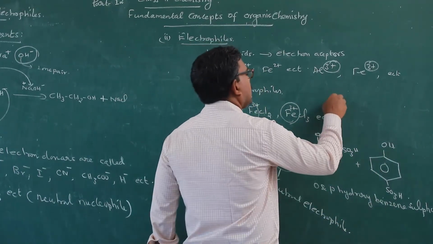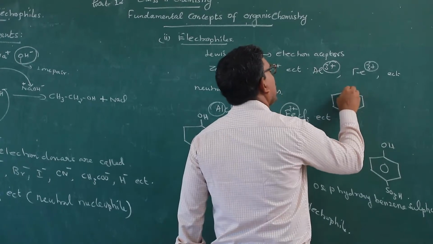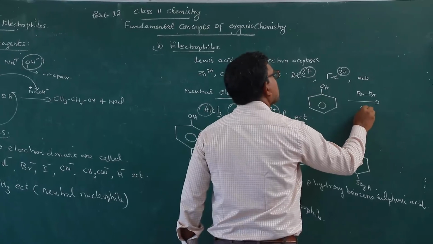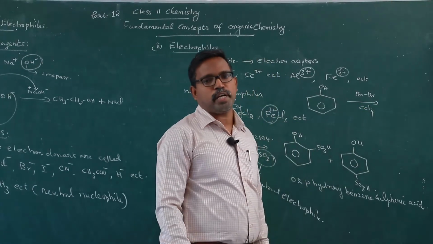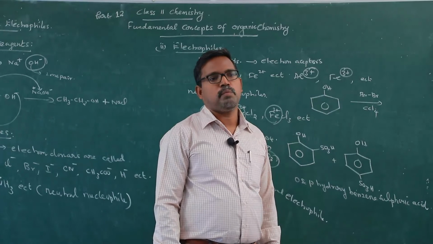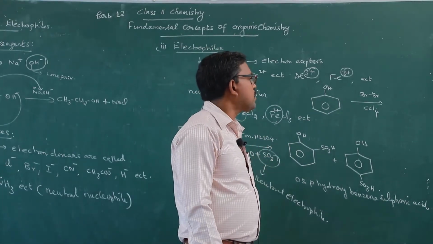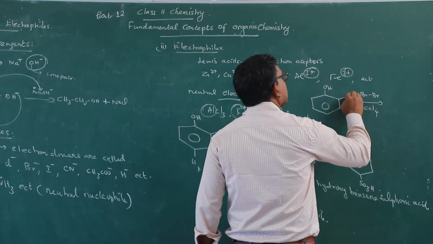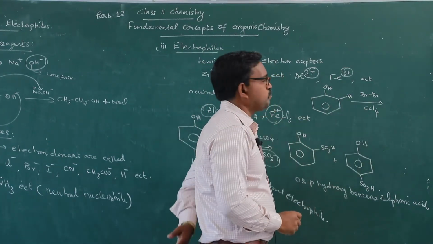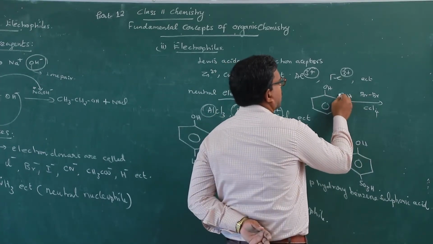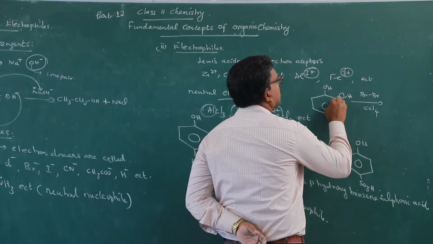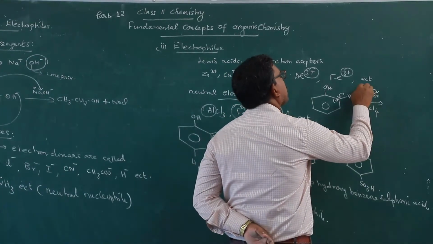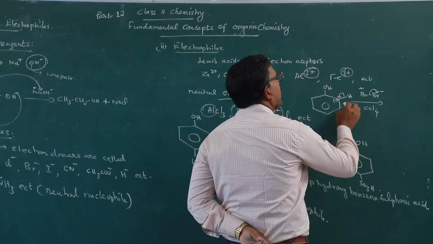And another example: the same phenol reacts with bromine water, or bromine in the presence of carbon tetrachloride or carbon disulfide. How does this reaction take place? Here this bond shifts like this, it carries a negative charge, and this bond shifts like this, here positive and here negative.